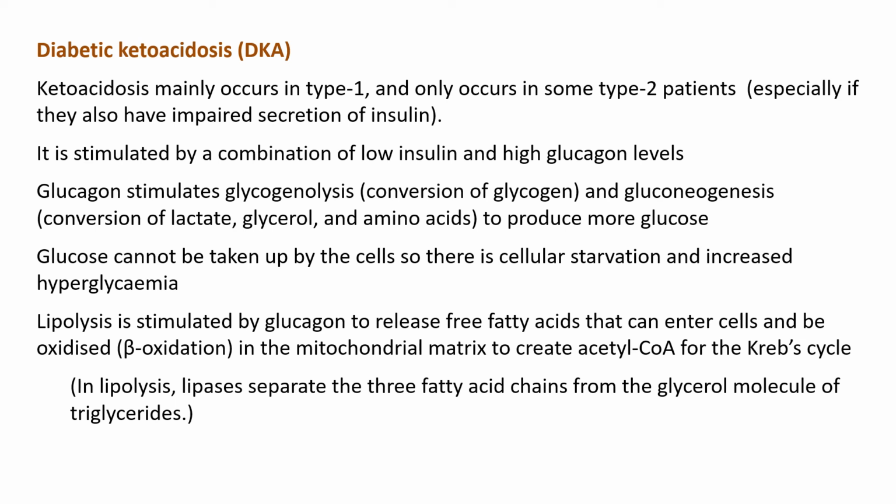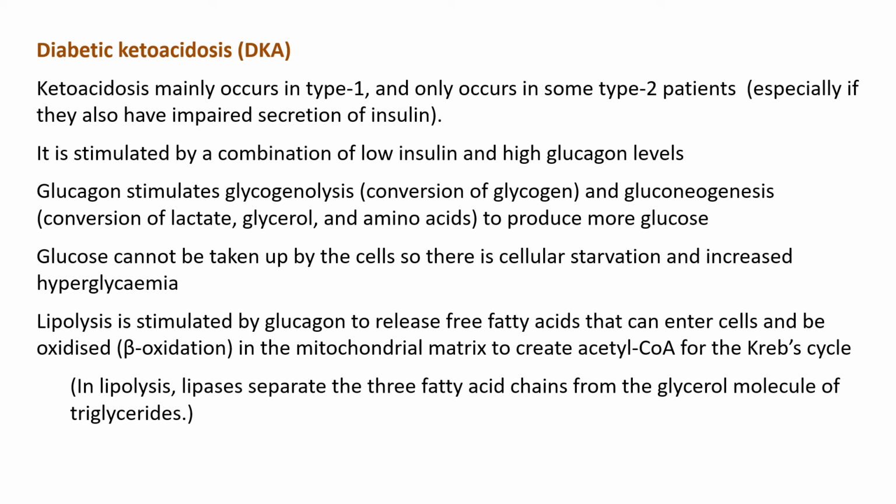This releases free fatty acids, not three, although there are three, free fatty acids, and they release them from triglycerides. These fatty acids enter cells and they become oxidized by a process called beta oxidation.